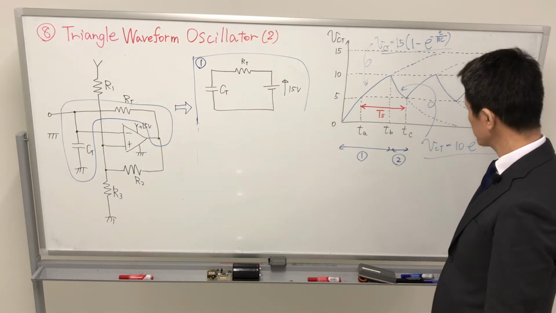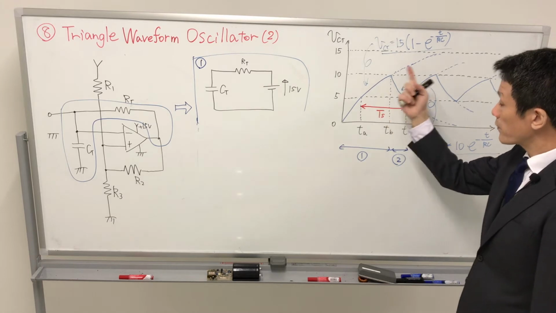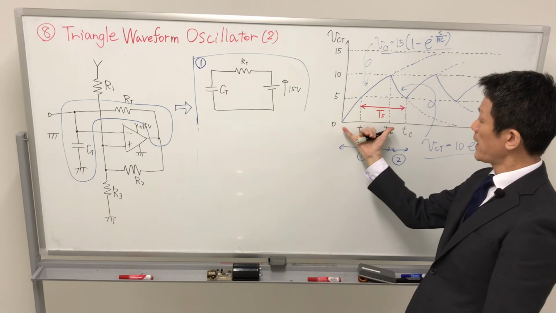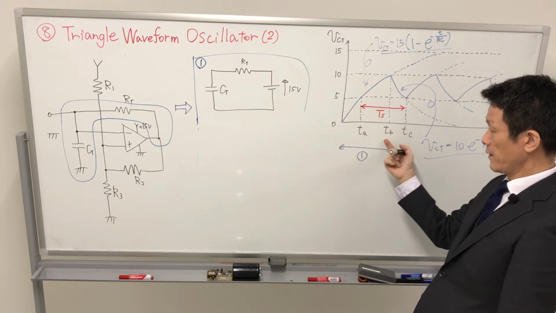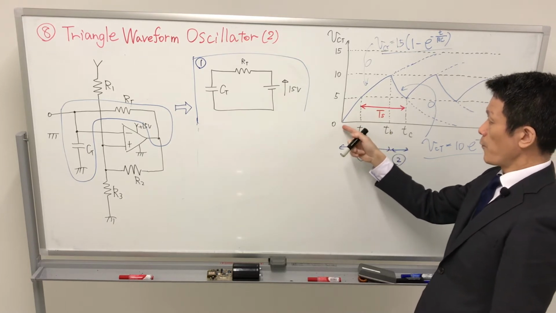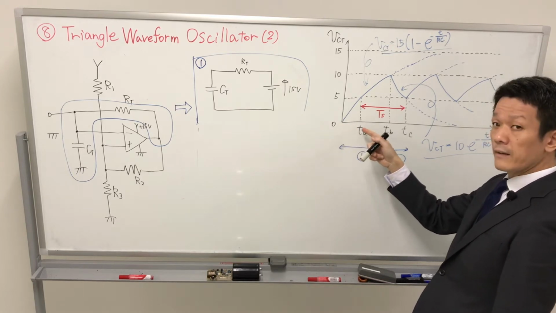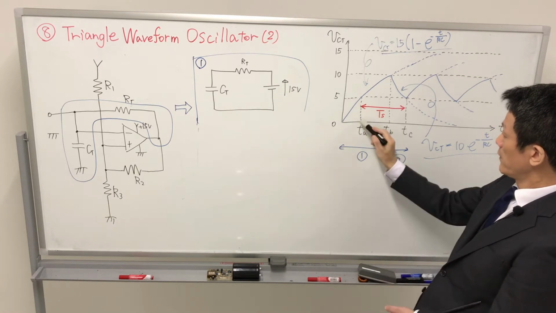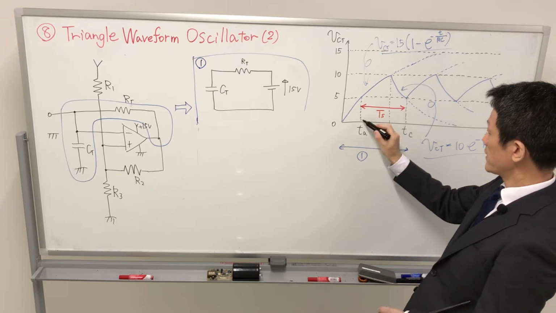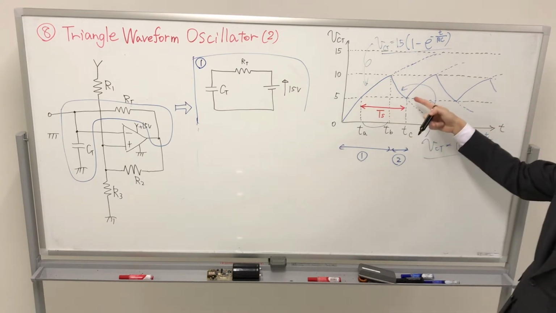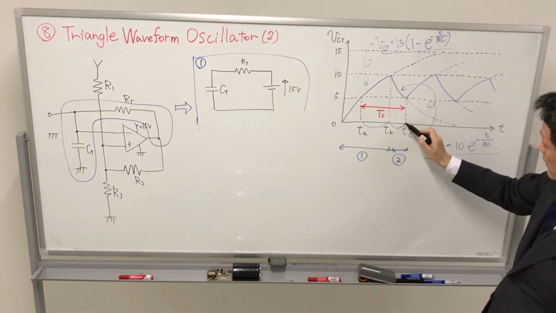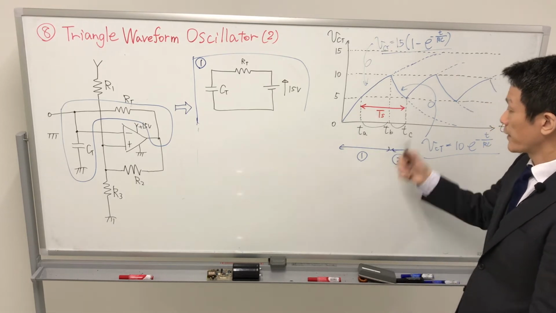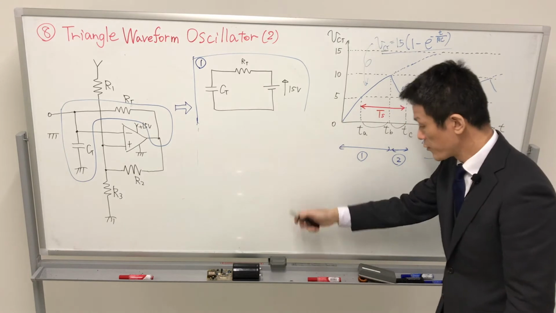Using this formula, we would like to obtain this term, first TB, and later TA, and TB minus TA gives this term. In the case of TC, we obtain this term. Adding each term, we can obtain TS, and then the switching frequency.